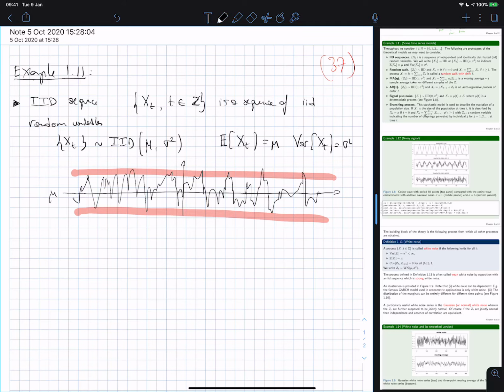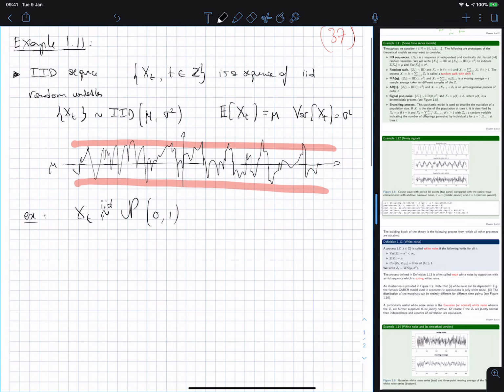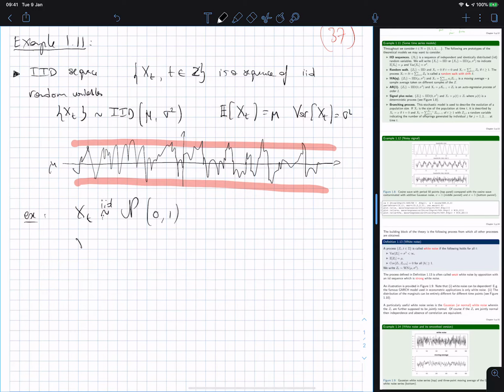An example would be X_t IID normal with mean 0 and variance 1. That's a collection of independent identically distributed random variables. Another example would be X_t Poisson with mean lambda. Another example: take any distribution that you like and you can construct an IID sequence with this.